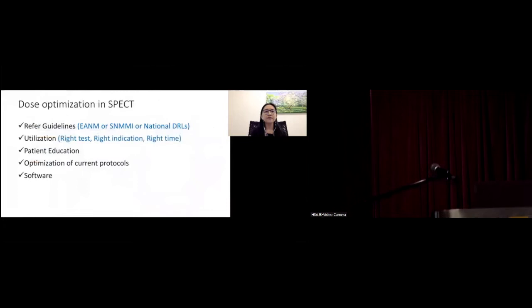So even though we are focusing on how additional CT will increase the radiation exposure to the patient, we should remember that with the injection of tracer, there is a radiation dose as well. So it is important to refer to guidelines, utilization, patient education, optimization of current protocol, and software.